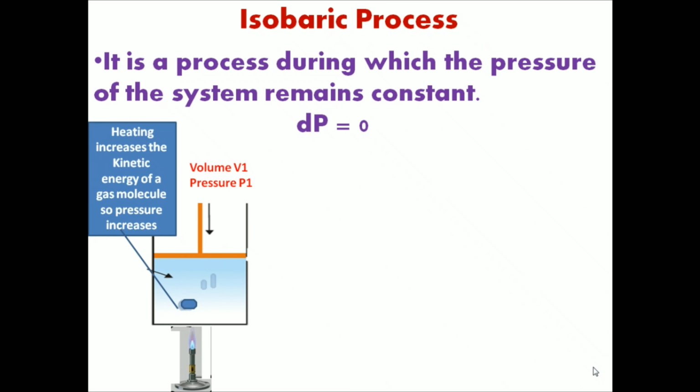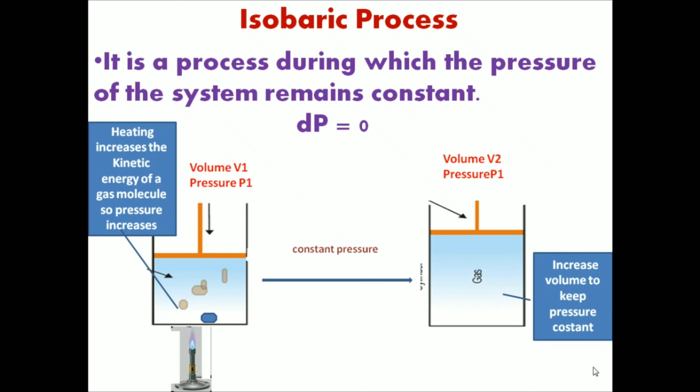Heating increases the kinetic energy of the gas molecules, so the pressure of the gas increases. But we want to keep the pressure constant. So the gas undergoes expansion. That means the volume of the gas increases to keep the pressure constant. The change in volume, dV, is not equal to 0 in this case.